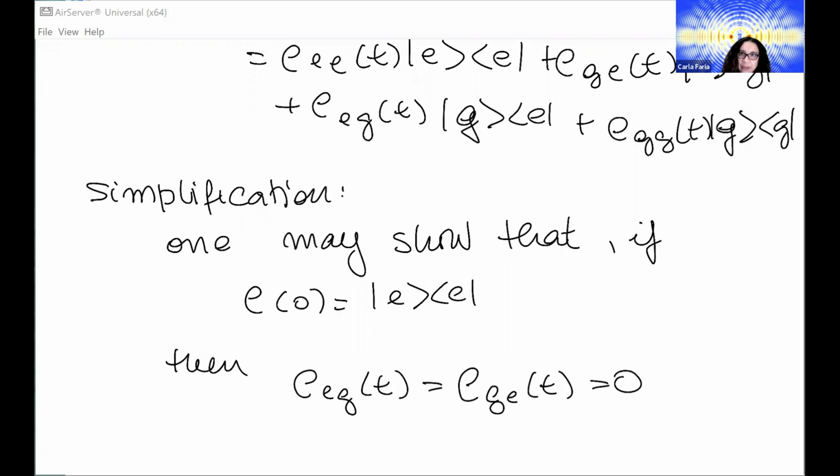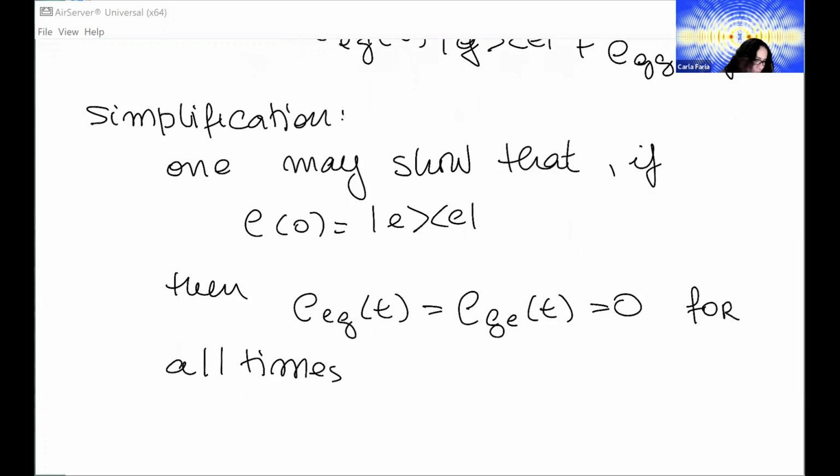Both terms are going to vanish. We're going to consider this. If you are in doubt, you can prove it. I'm not going to do it, but this vanishes for all times.